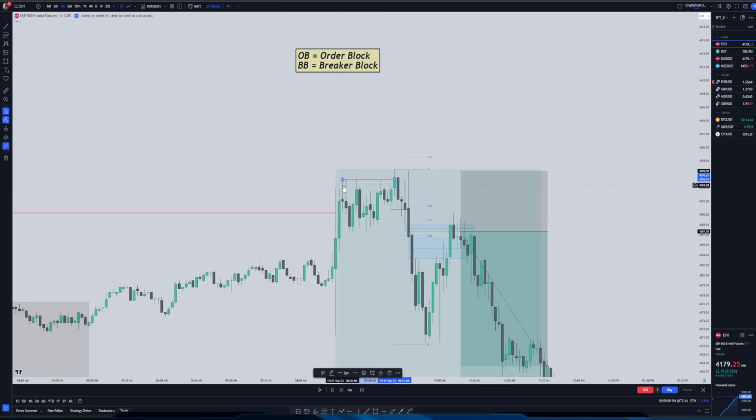Why? Every person who took their entry around this level for a short, after seeing this liquidity grab and this sort of move, every person who tried to take their entry put their stop loss here, right? So where does price need to go to grab my stop loss, the money that I'm willing to lose here? Right about this level. It needs to go here, it can grab my stop loss.